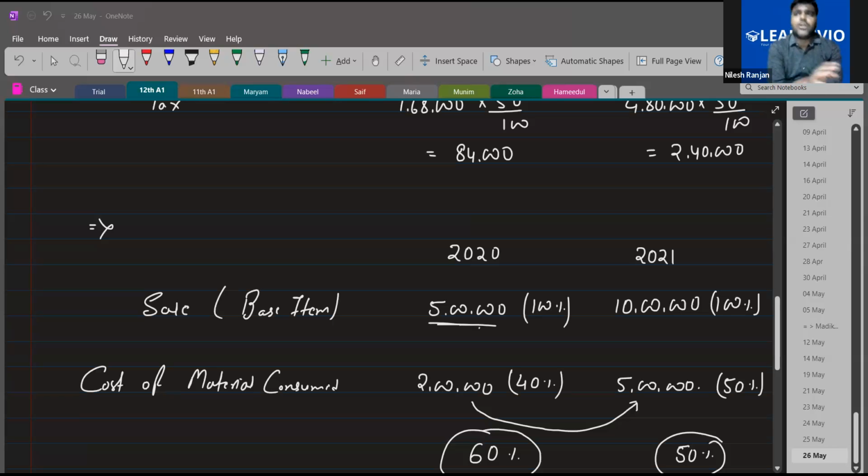Actually, no one can work at full efficiency, but yes, 80-90% efficiency should be there. So if some department is working at 50% efficiency, then you have to improve these things to assess the efficiency.